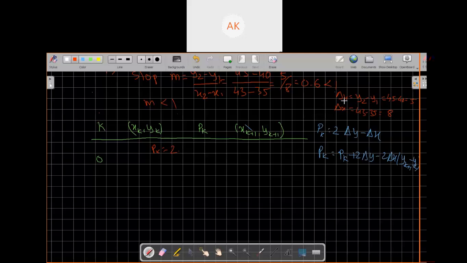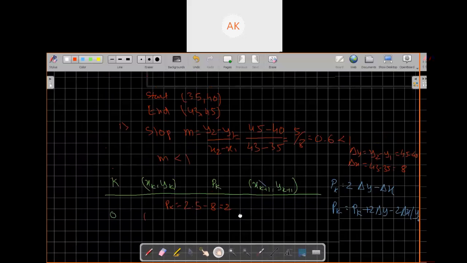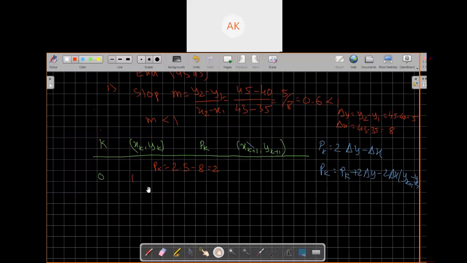Okay, so you calculate delta y and delta x. Delta y is 5 and delta x is 8. So 2 into 5 is 10, minus 8 is 2. What is your initial point? 35, 40, and your initial decision parameter is 2.